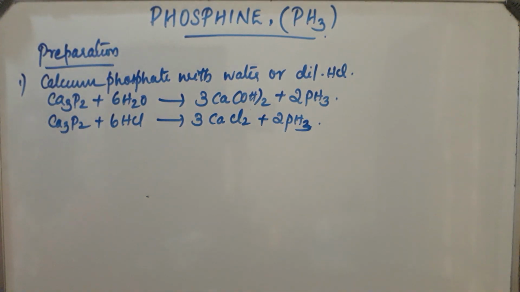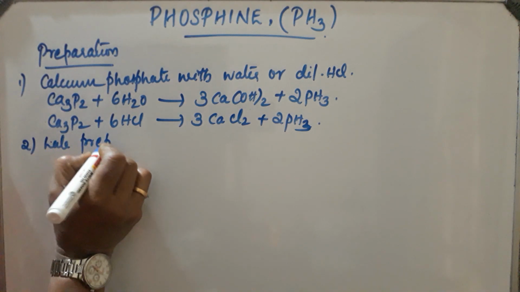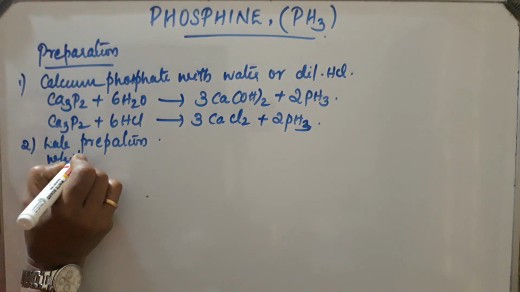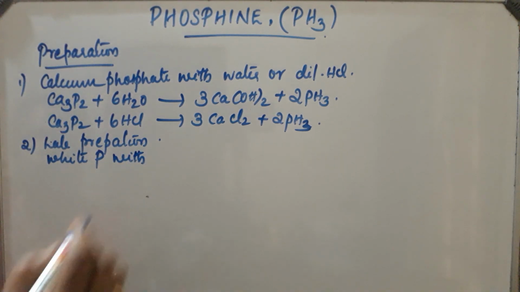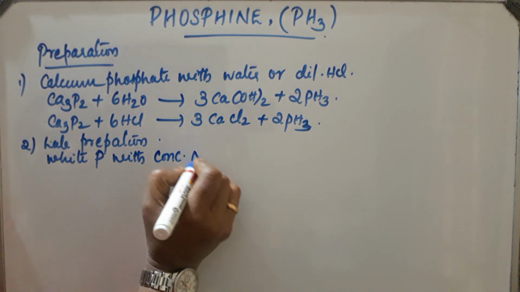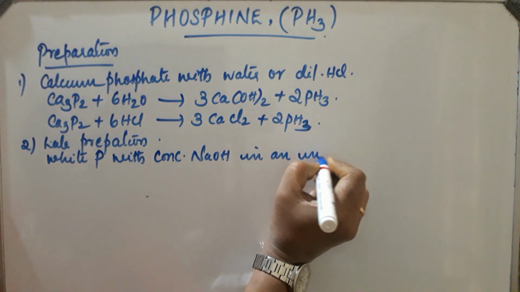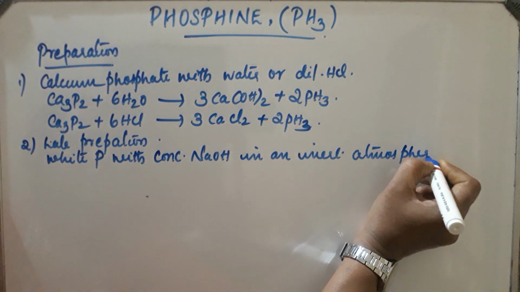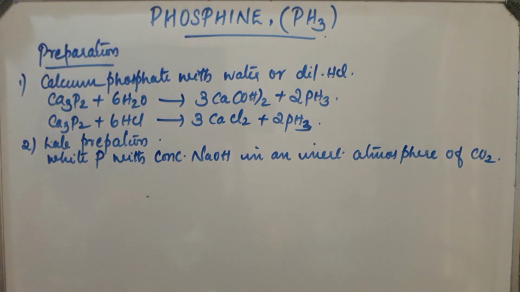Now, the second method is laboratory preparation. In this method, we heat white phosphorus with concentrated sodium hydroxide in an inert atmosphere of carbon dioxide, and the product obtained is phosphine.